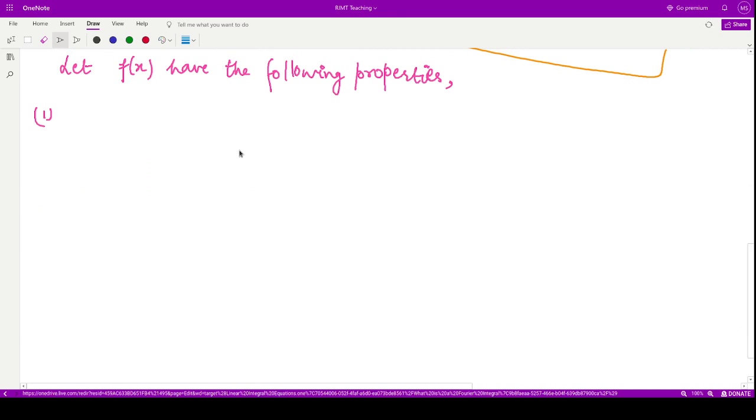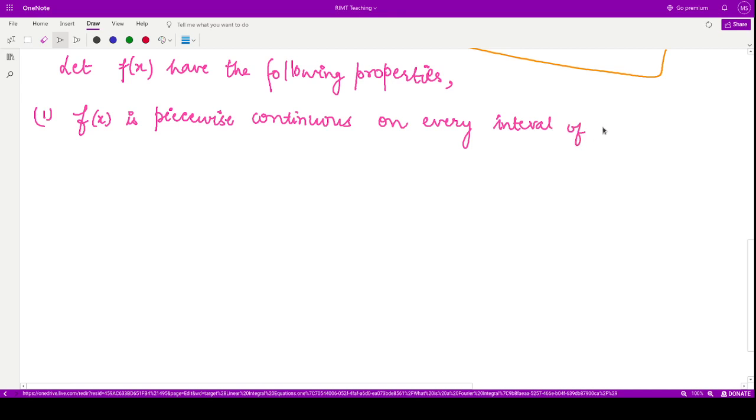The first property is that f of x is piecewise continuous on every closed interval from minus L to L, where L is any arbitrary number. So it should be piecewise continuous in every interval.